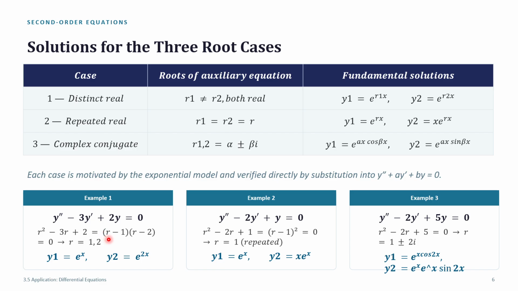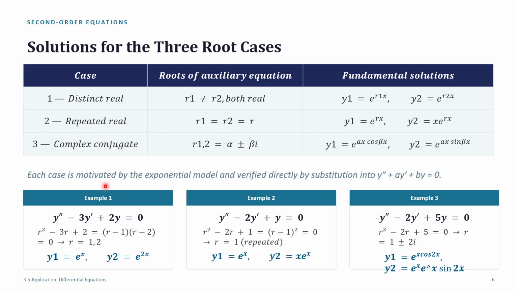This will give us (r - 1)(r - 2) = 0. So it has the distinct real roots 1 and 2. So the two distinct solutions for the differential equation are y1 = e^x and y2 = e^(2x).